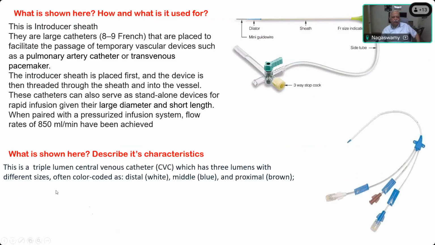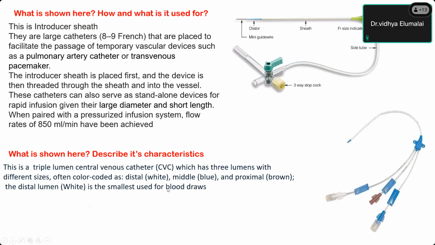Okay, it's a triple lumen central venous catheter which has different sizes, often color coded: distal white, middle blue, and proximal brown. The distal white lumen is the smallest, used for drawing samples. What did you say for that, Vidya? Sir, vasopressors. No, it is for samples.